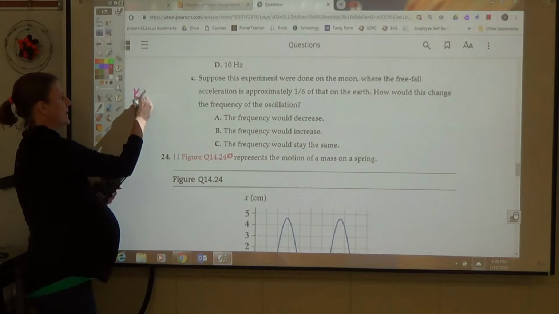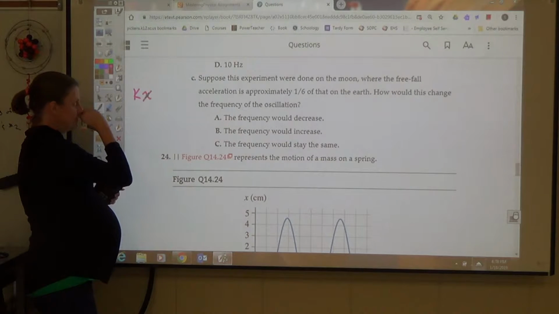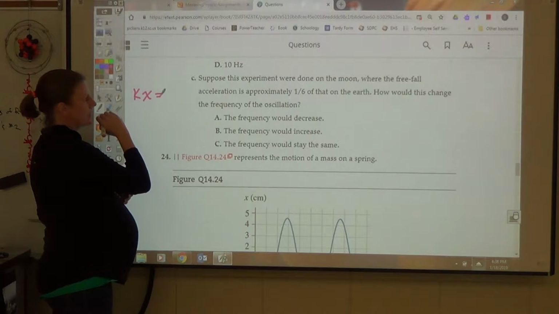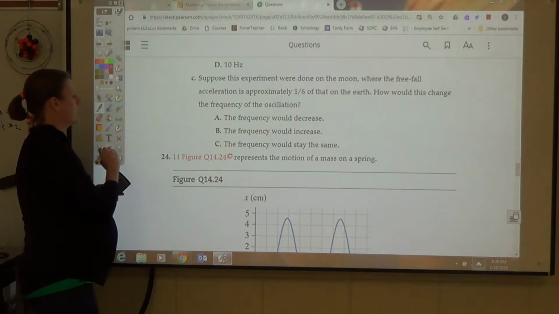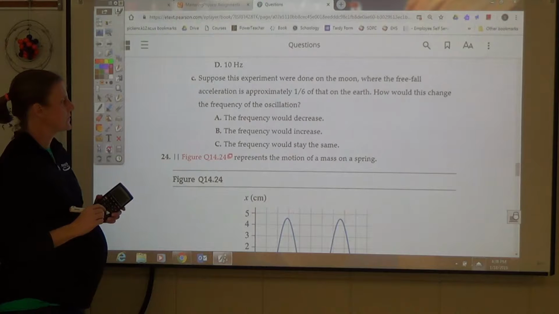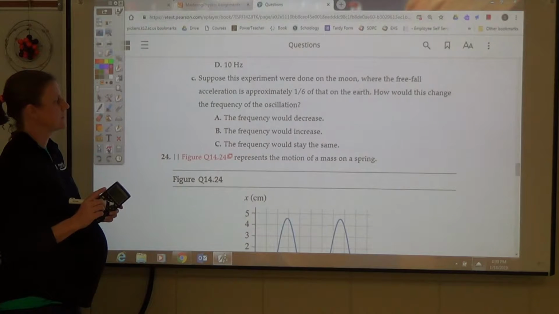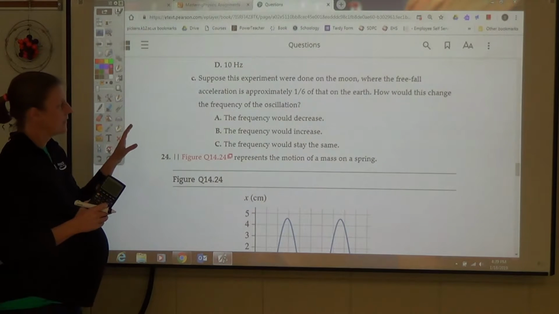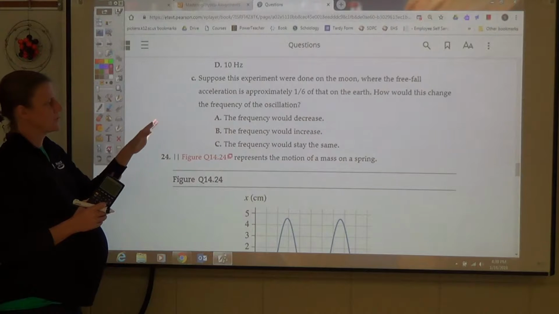We said Kx, well, that would change the displacement, but it wouldn't change the spring constant. So since the displacement does not affect the period, then the frequency should not change.